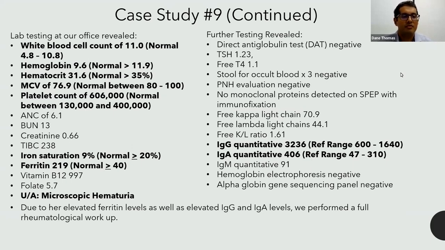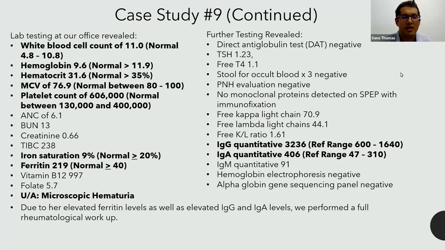We first did a full anemia workup, which revealed the following on the left side of this slide here. It confirmed the continued elevated white blood cell count and continued microcytic anemia and reactive thrombocytosis, which actually is higher than what it was previously. Her iron saturation remained low at 9%, but her ferritin was elevated at 219.